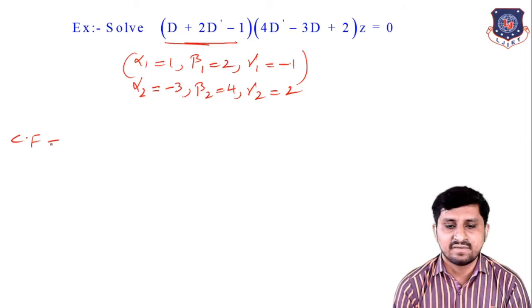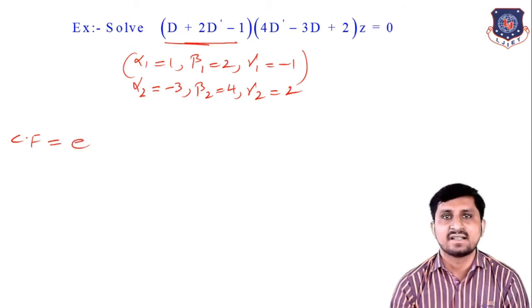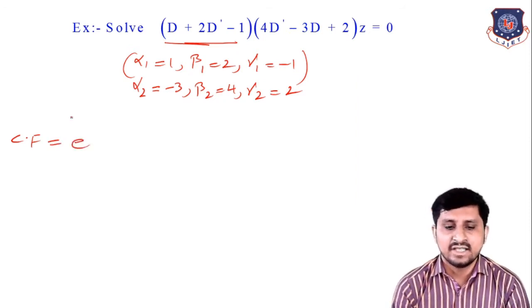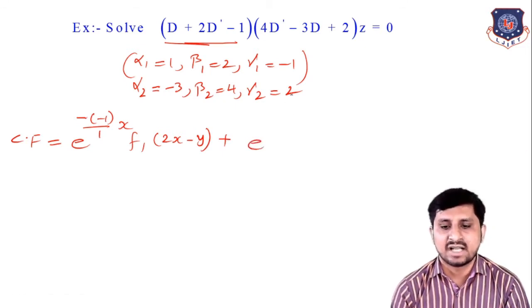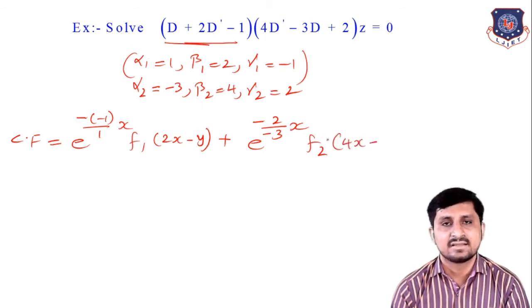So the complementary function is e raised to minus gamma upon alpha, so e raised to minus 1 upon 1 into x, f1 of beta x minus alpha y, so 2x minus y, plus e raised to minus gamma upon alpha, so minus 2 upon minus 3 into x, f2 of beta x minus alpha y, so 4x minus 3y.